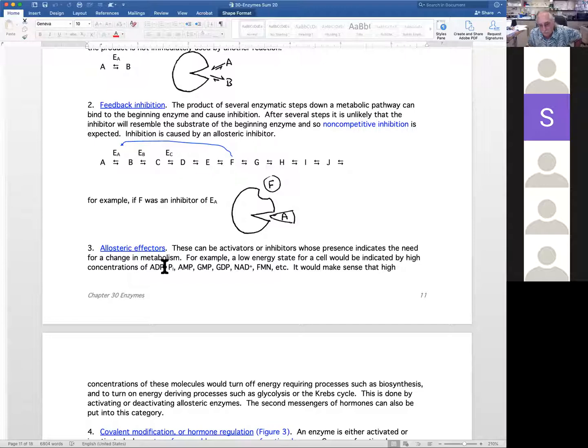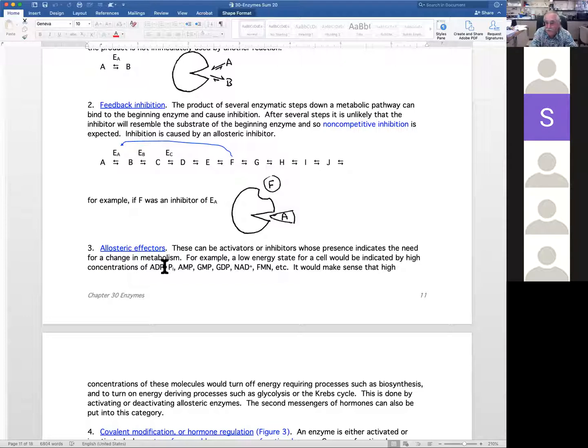And when we get into the chapters on metabolism, we'll find out that this is simply logical and there's nothing illogical in metabolism. And the easiest way to see that is this. When do you do biosynthesis? When do you start to go produce more DNA and go through cell division, all this kind of stuff? Is it during a time of starvation? You don't have food, you don't have energy.